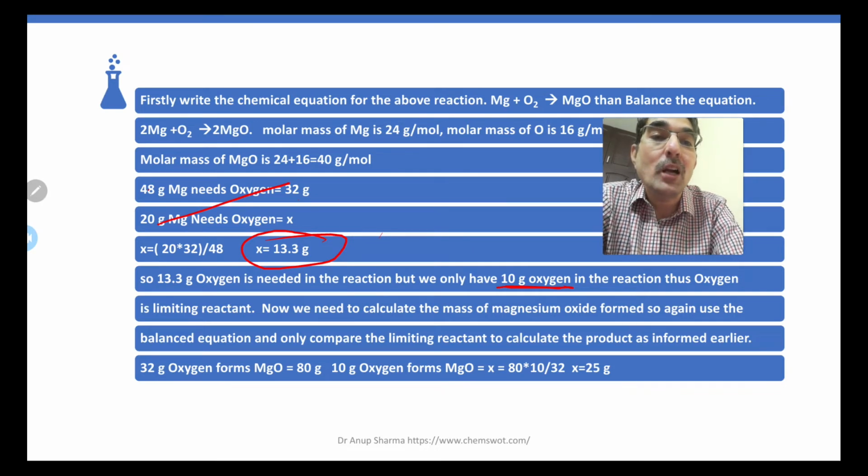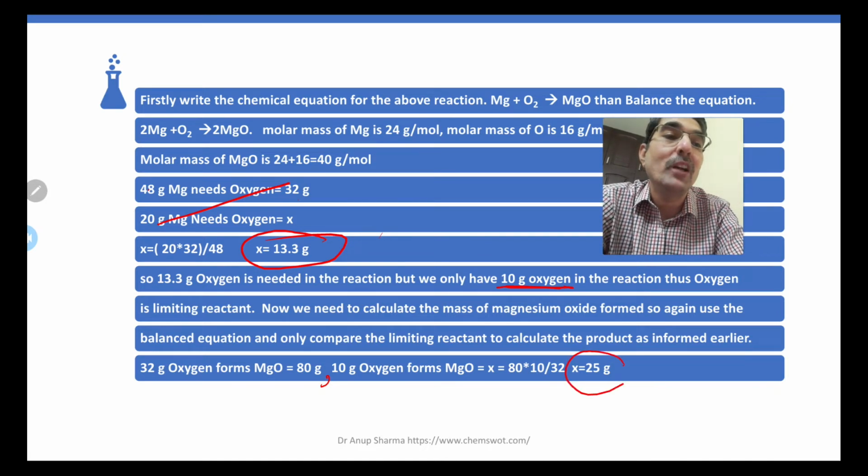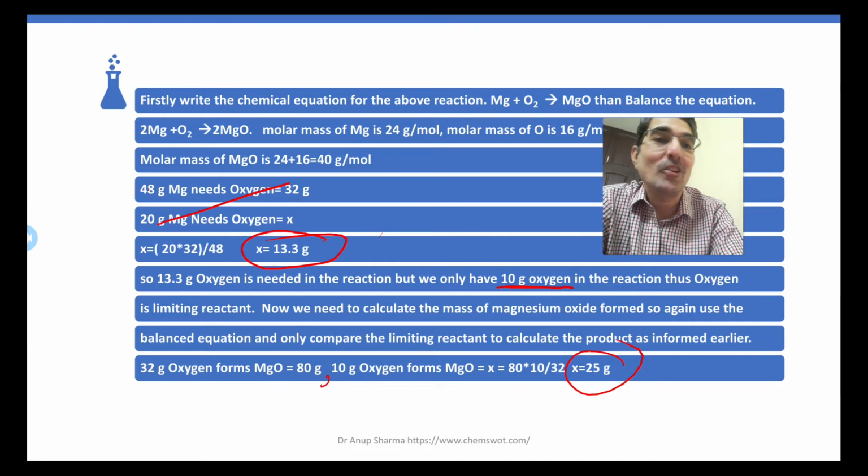So 32 gram oxygen forms 80 gram MgO. So 10 gram oxygen will form how much? X amount of MgO. So X equals, cross multiply again, 80 times 10 divided by 32, that means 25 gram. So that's how we calculate it. I hope you understand this. It's not that difficult.